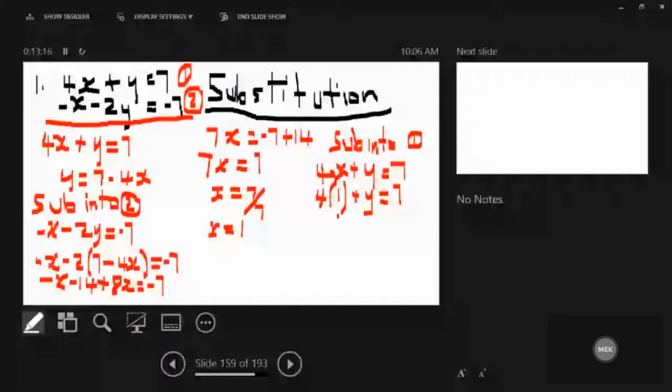Therefore, y is equal to 7 minus 4, which is 3. So the solution set is x is 1 and y is 3. So we can just put our solution set there. x is equal to 1, y is equal to 3.